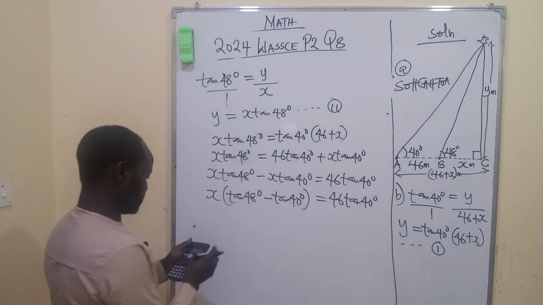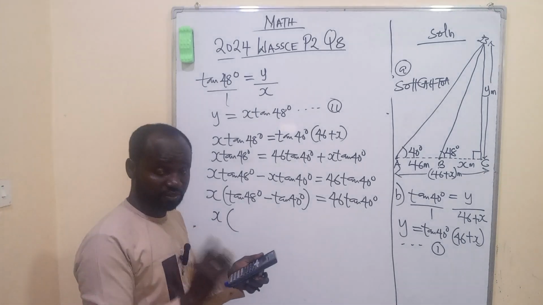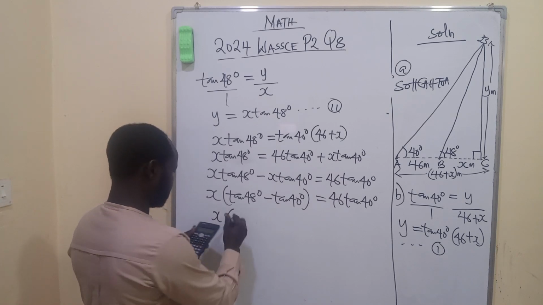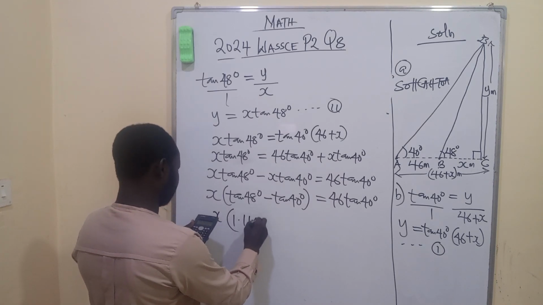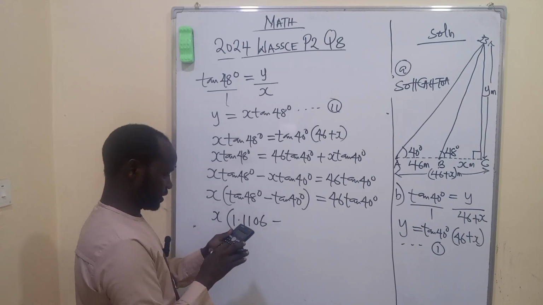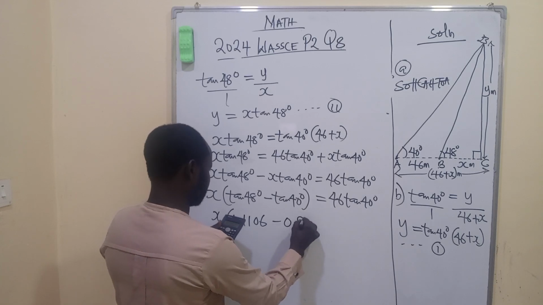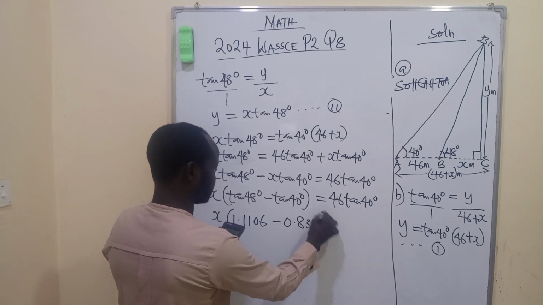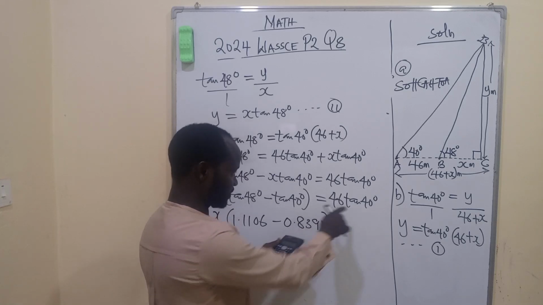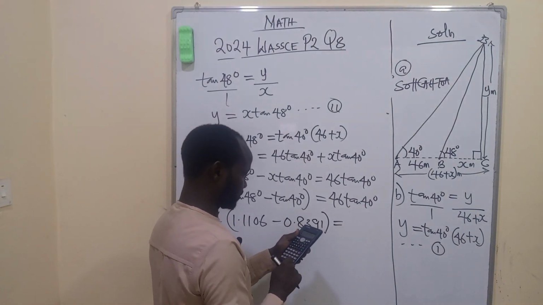So let's check. Ensure that your calculator is in degrees. Tan 48 degrees first, 1.1106 minus, then tan 40 now, 0.8391. Okay, this will be equal to, we can press this directly, that's 46 tan 40 degrees.